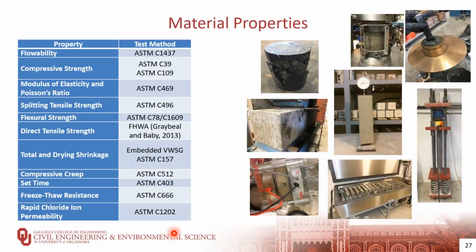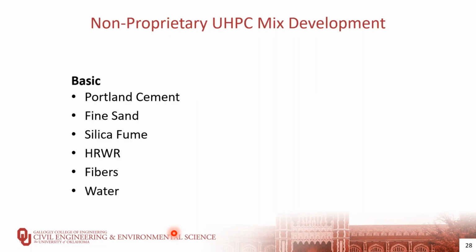So the material properties that were examined at the different locations included flowability, compressive strength, and flexural tensile strength, but we also examined at OU modulus of elasticity, splitting tensile strength, direct tension strength, shrinkage, creep, set time, and then freeze thaw resistance and rapid chloride ion permeability as measures of durability. And I'll talk about some of these today, but not all of them.